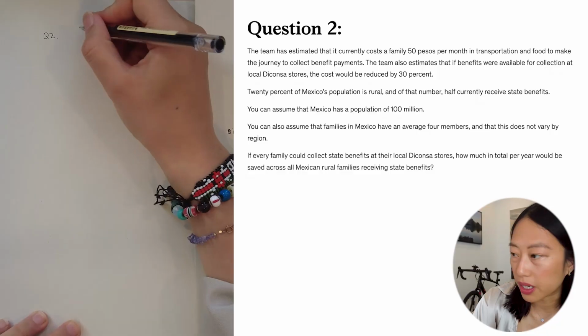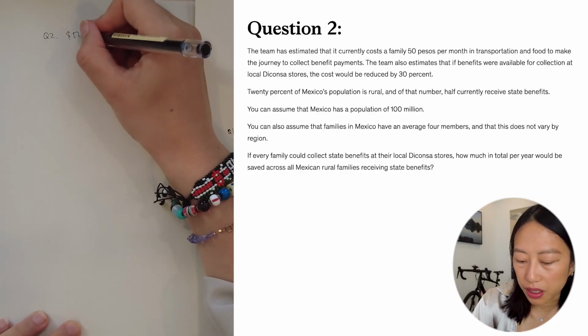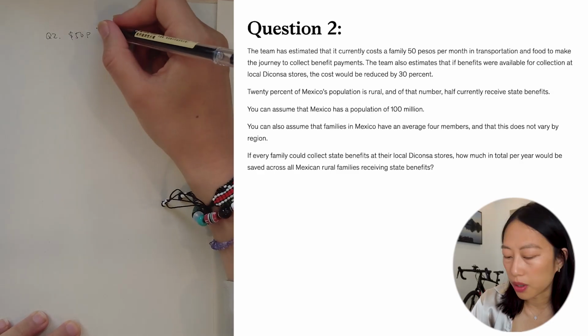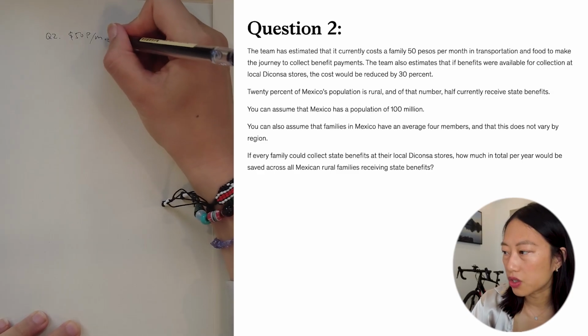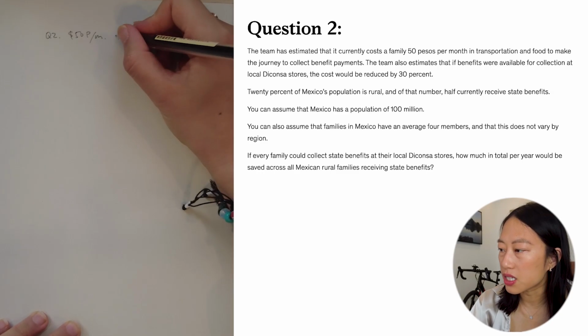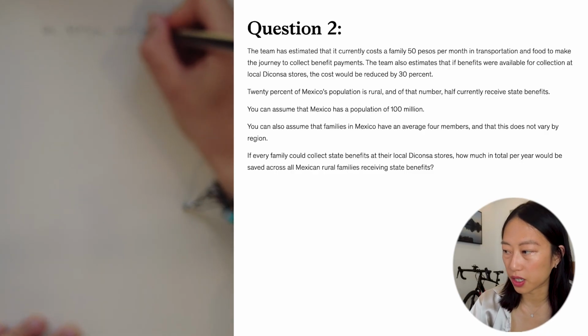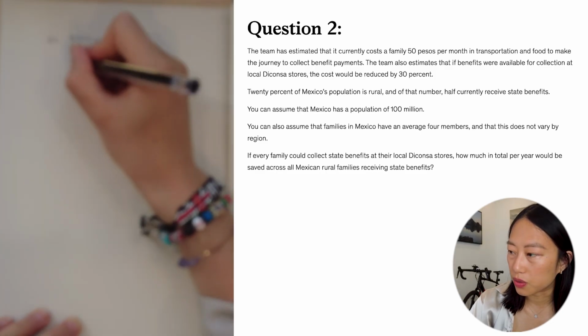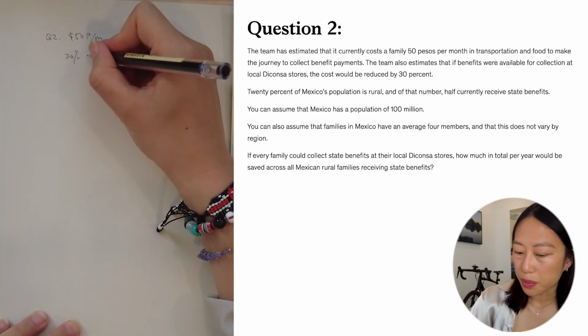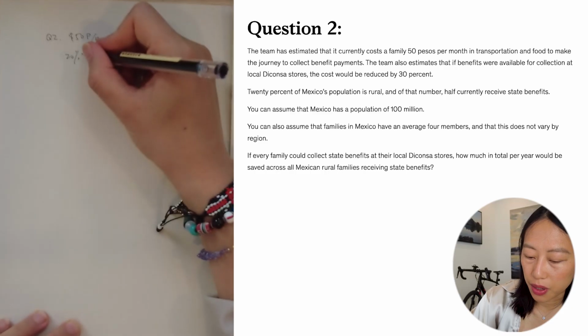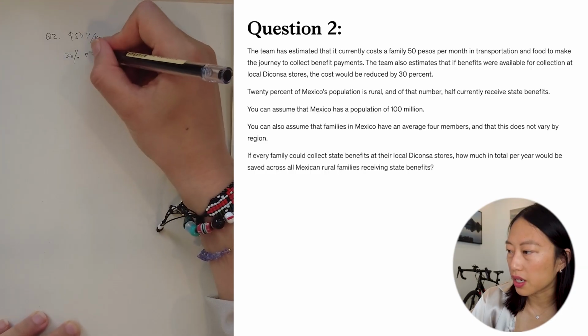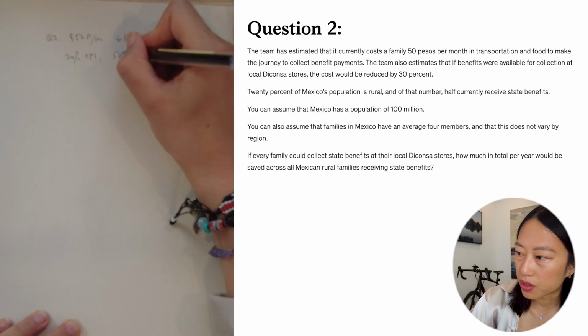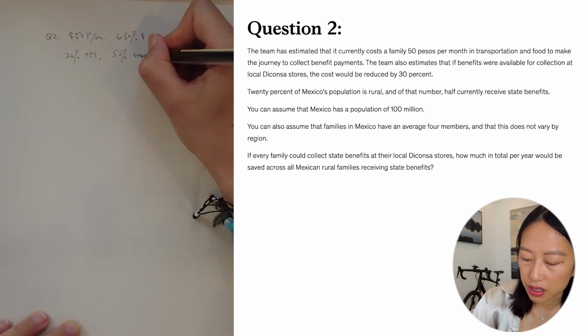In my Q2, it costs the family 50 pesos per month to make the journey to collect benefit payments. The team also estimated that if benefits become available for collection at a local DeCosa store, the cost would be reduced by 30%. 20% of the Mexican population is rural, and of that number, 50% only receive the state benefit.